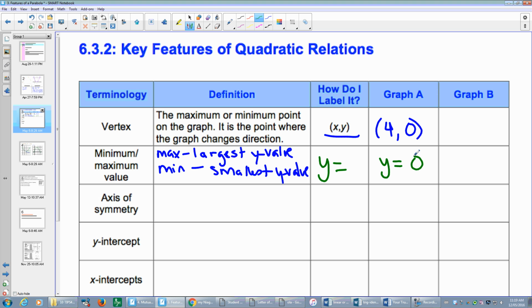Okay, the next definition, again, which you can have here, the axis of symmetry is a vertical line that passes through the vertex.